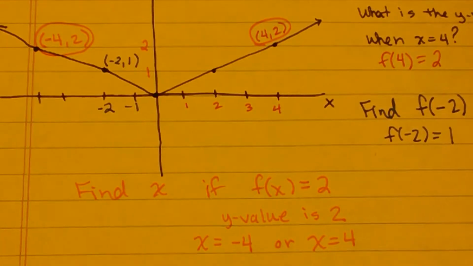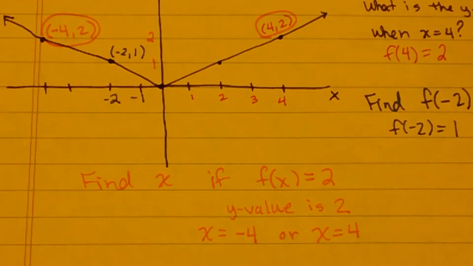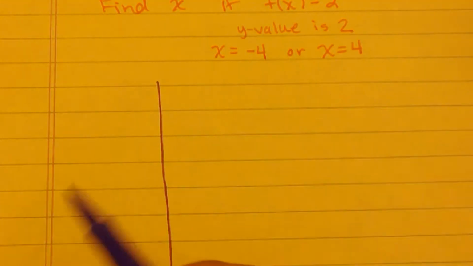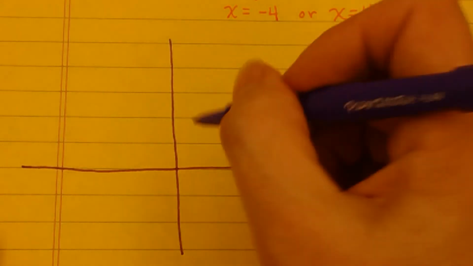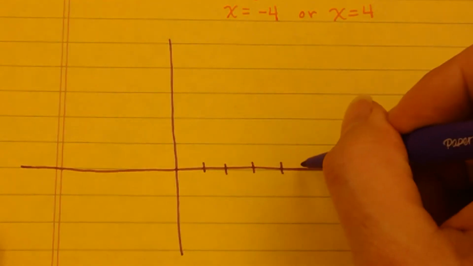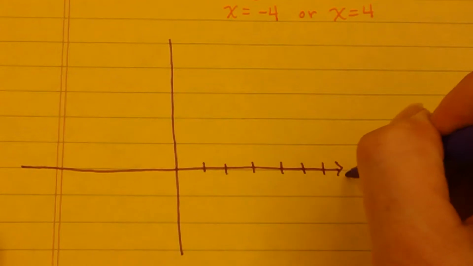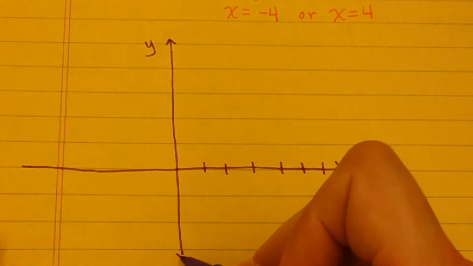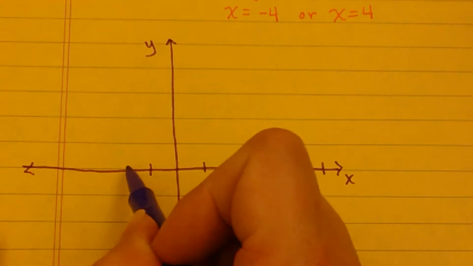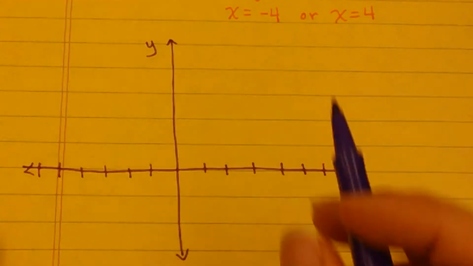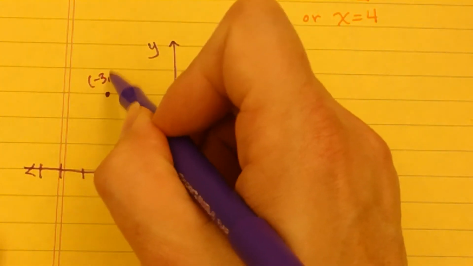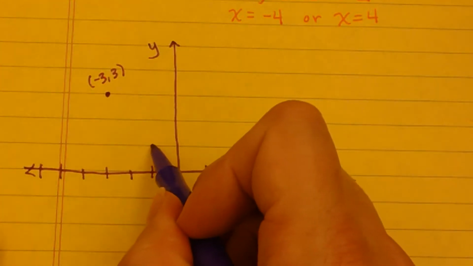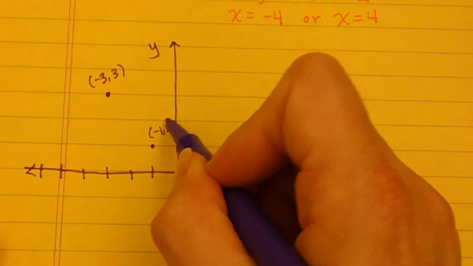We should probably look at another graph. And I will draw the graph and then label some ordered pairs on it. Actually, I'll probably start with my ordered pairs and then connect the dots. Here's my x-axis, y-axis. So I'm going to have negative 3, 3 will be on my graph. Negative 1, 1.